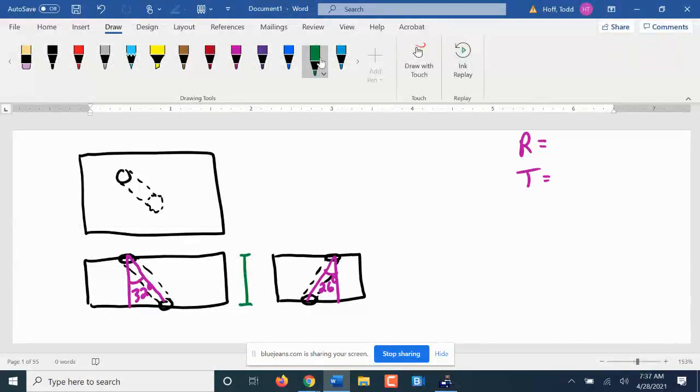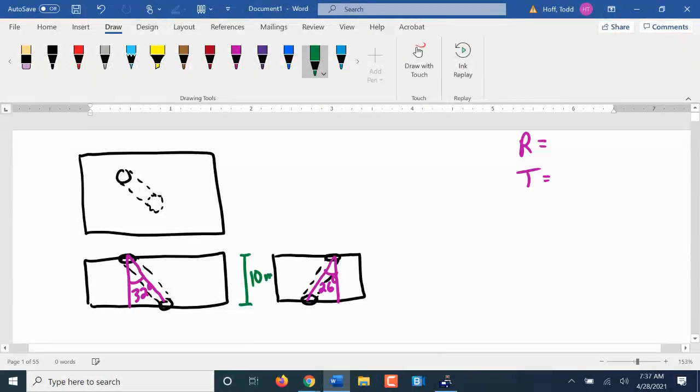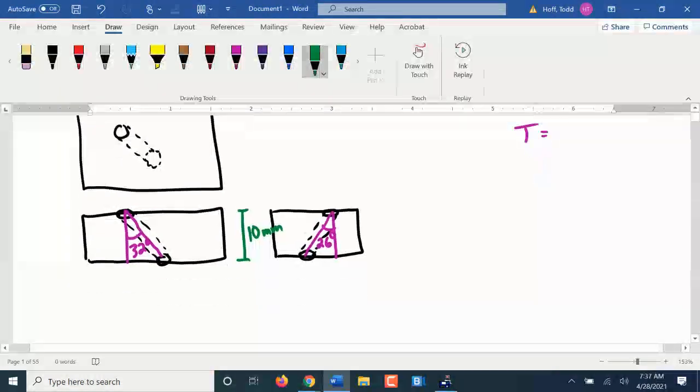I might come in here and say this dimension here, 10 millimeters, just to make life easy on it. That's 10 millimeters. I can now come to these triangles and find this length and this length.